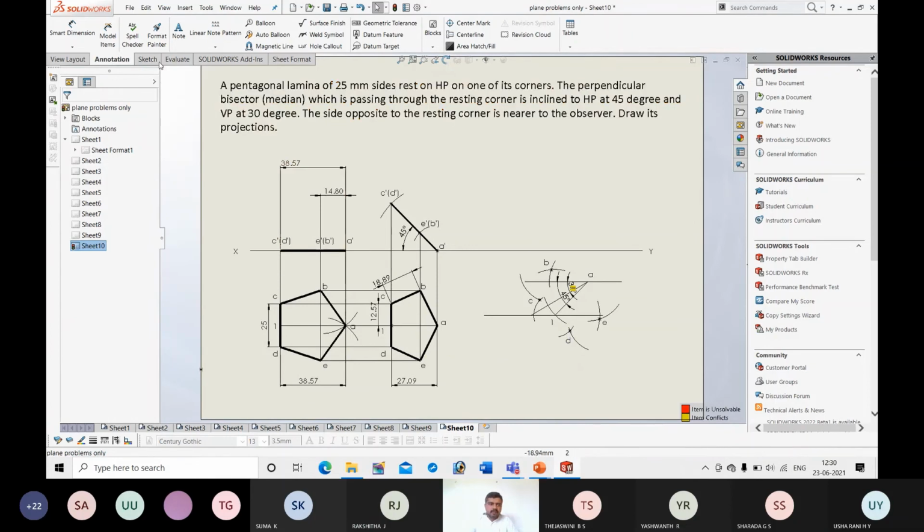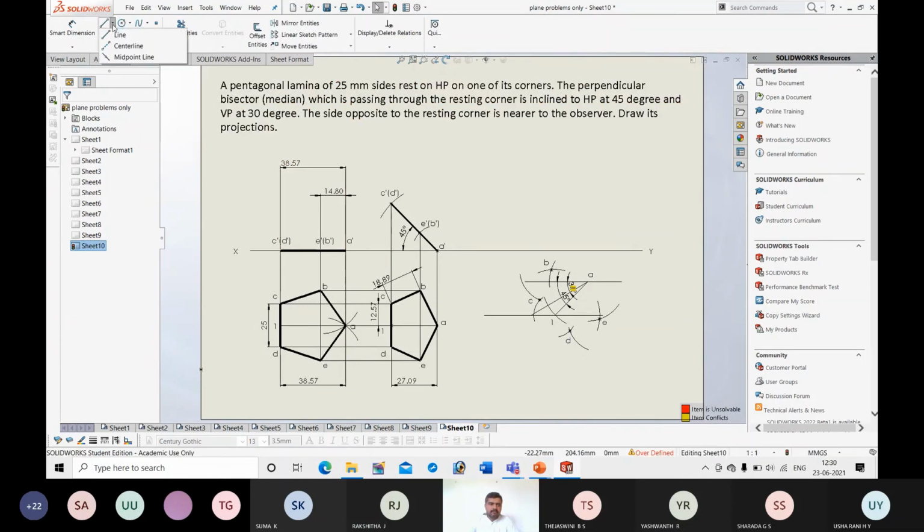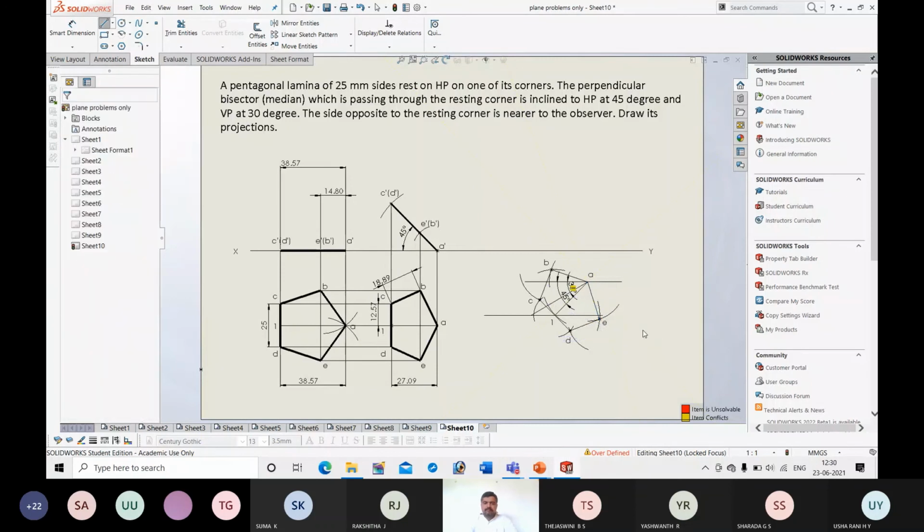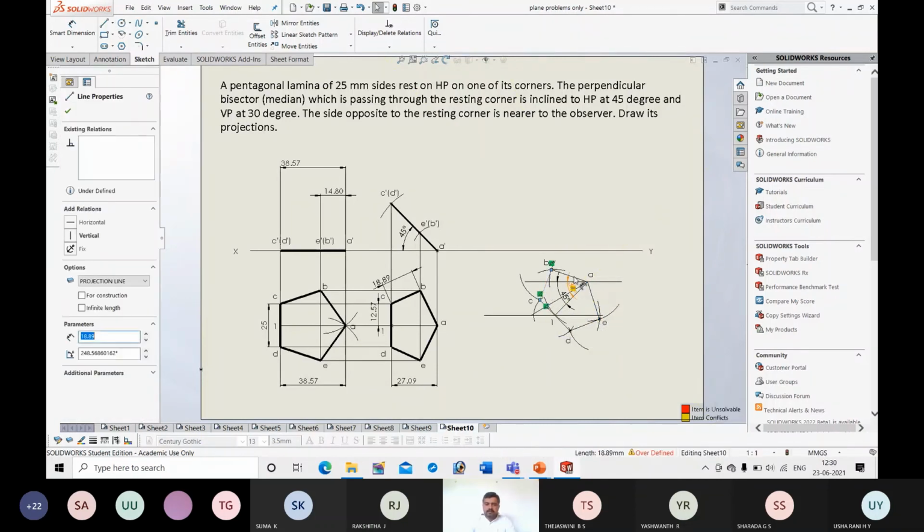Okay, next connect these points: A to B, B to C, C to D, D to E, E to A. Increase the thickness.